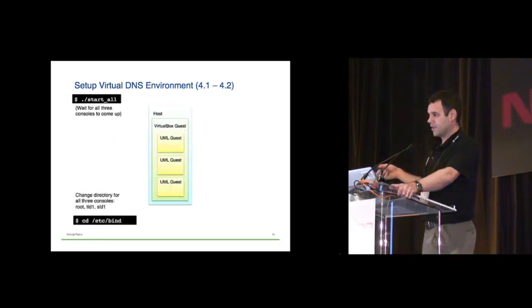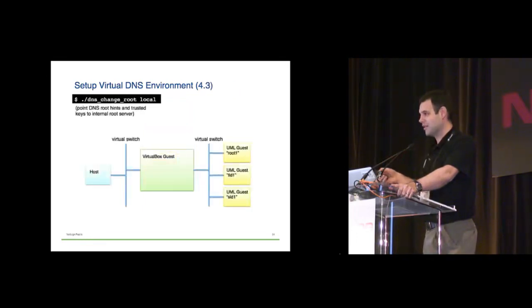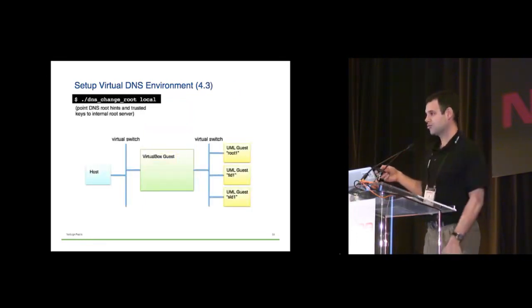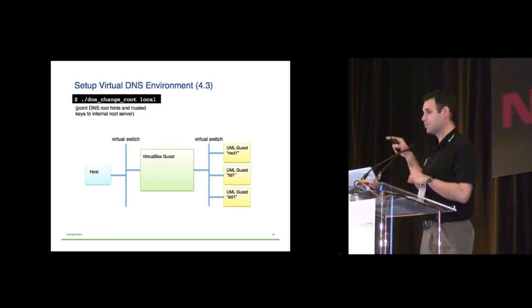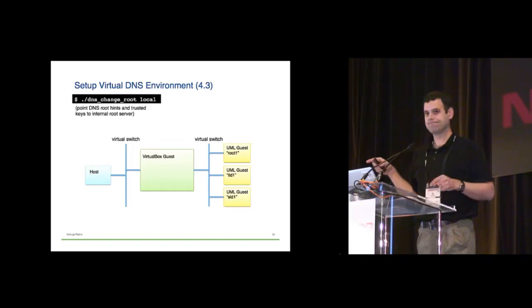Again, once your terminals come up, go ahead and change directory to etc bind in all 3 consoles. Otherwise, it will be difficult later on to get where we need to go. And then go ahead and change root, run this command, DNS change root, and you have to put that local in there.